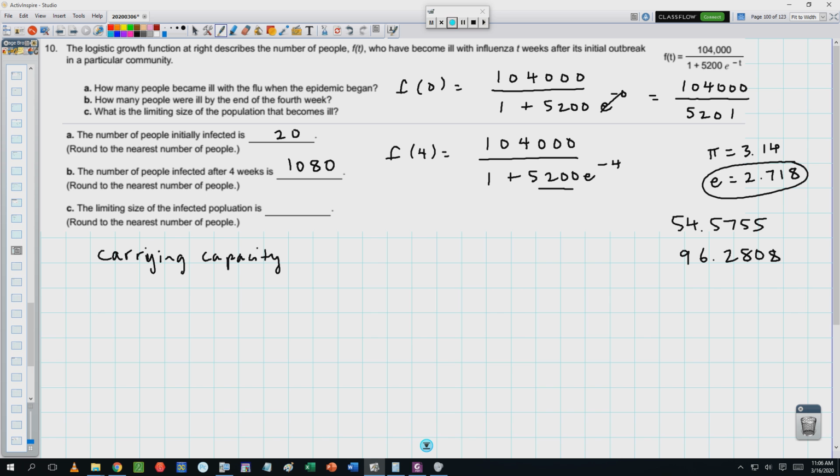Regardless of the name, the number up on top of this logistics model, the 104,000, is your carrying capacity. And what that means is, as time goes on and on and on, that is the most, in this problem, that will become infected with influenza.